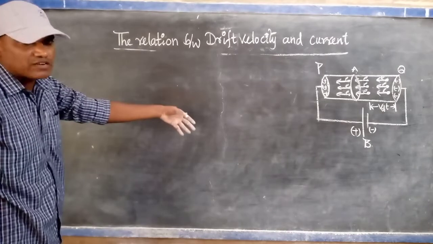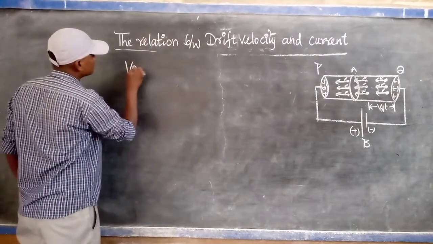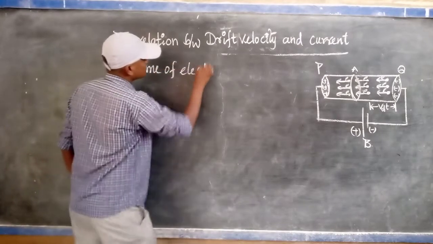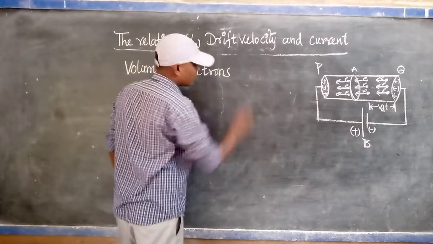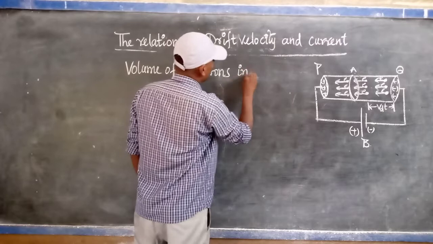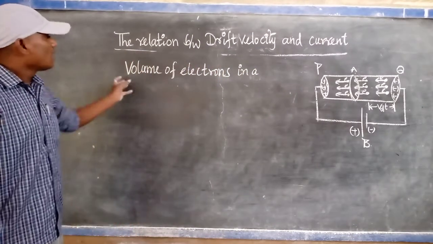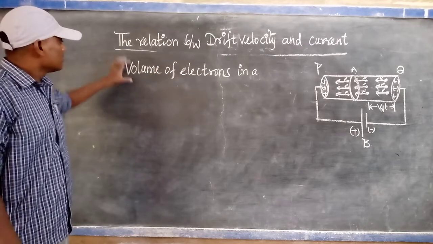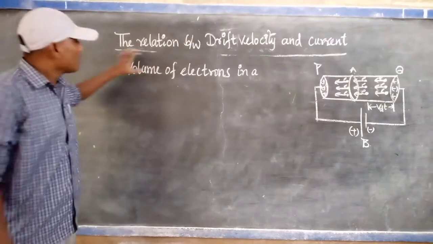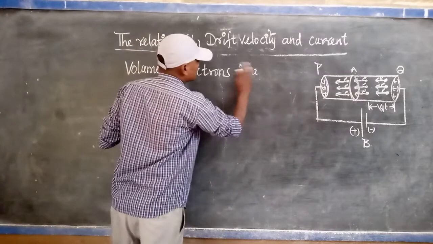But instead of that, one more thing you can find out. What is that? Volume of electrons, volume of conductor. The volume of conductor, or the volume of electrons passing through a unit area.